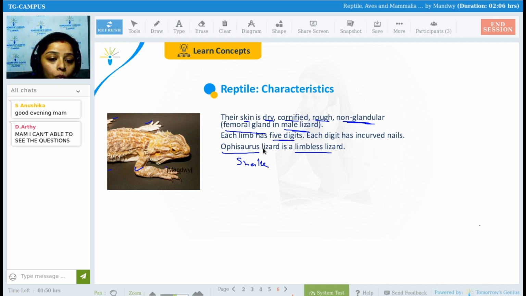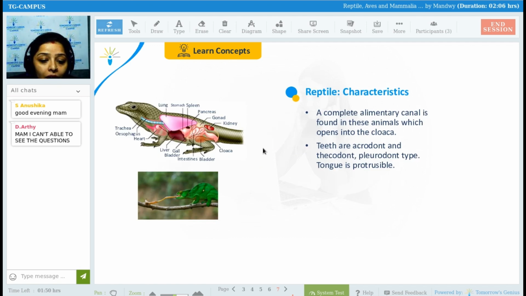As you can count here, 1, 2, 3, 4 and 5. Each digit has incurved nails, claws, in both hind limbs and forelimbs. So reptiles have limbs, except the snake and the Ophisaurus lizard, which are limbless.